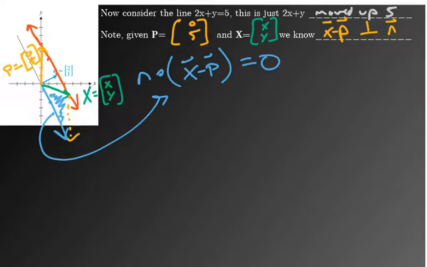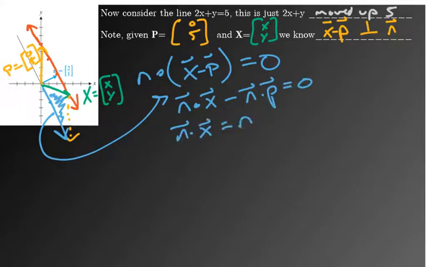And this is something we can simplify a little bit. We could distribute the dot product there. We'd get n dot x, and then minus n dot p equals 0, so n dot x would be equal to n dot p.